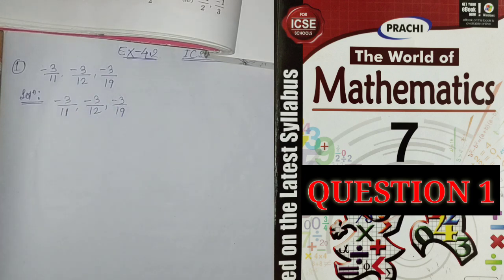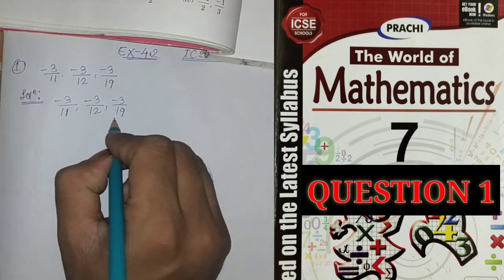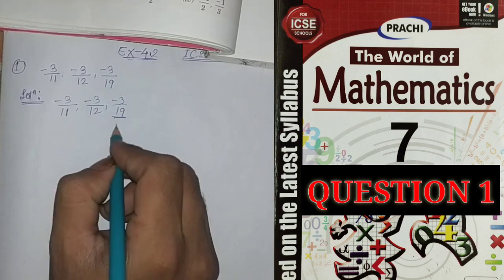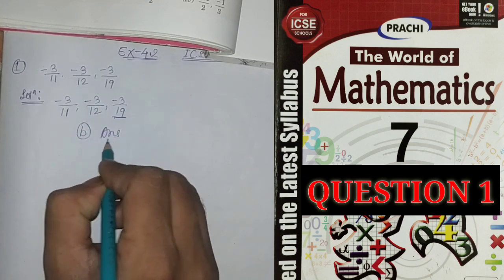When the numerator is negative, the number which has the greater denominator is the greatest number. In this case minus 3 by 19 will be the greatest number. So our answer will be minus 3 by 19 and the answer will be B.